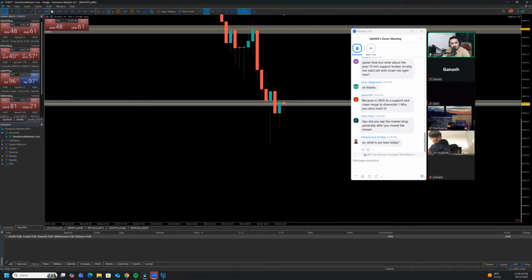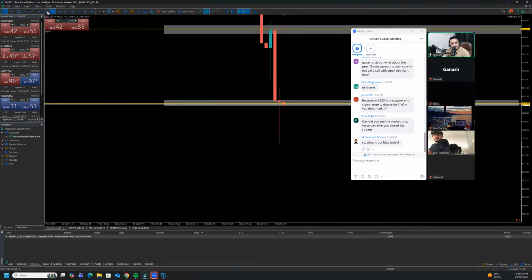Just look at this one. What? It's interesting. It's getting interesting, looking at this structure. If this candle goes on to break its own high, I'm going to get a smaller stop loss.